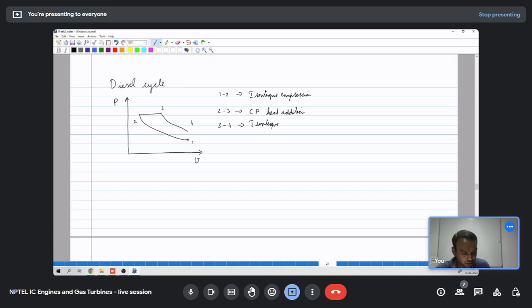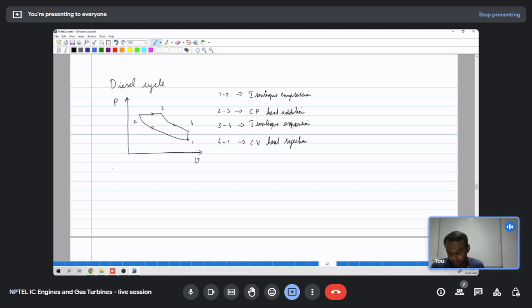So this is represented by 3 and 4. We have isentropic expansion, and 4 to 1 is constant volume heat rejection. So here we have two ratios to be defined.